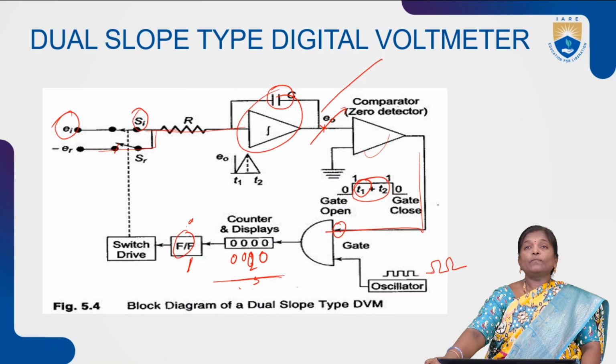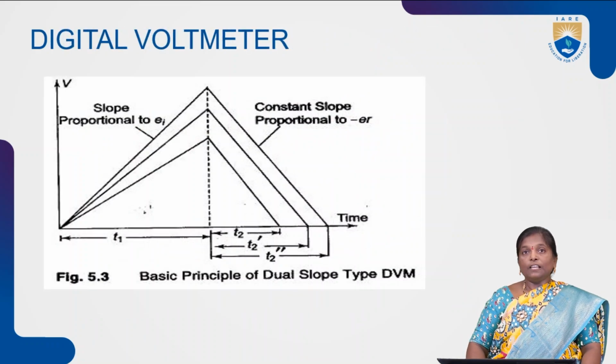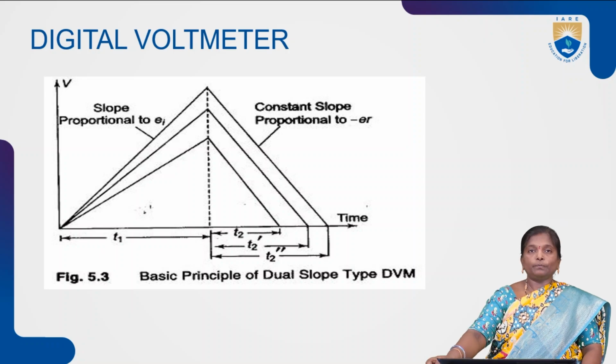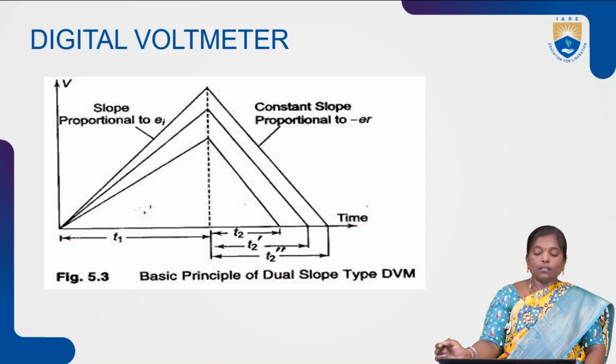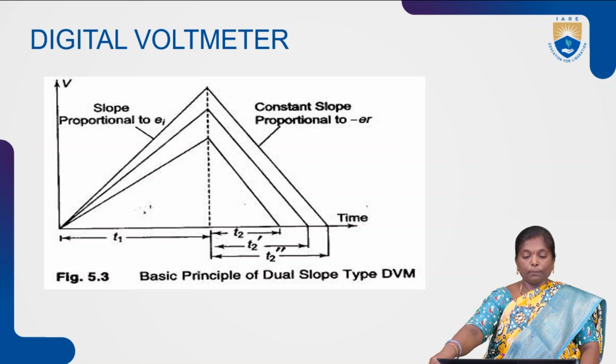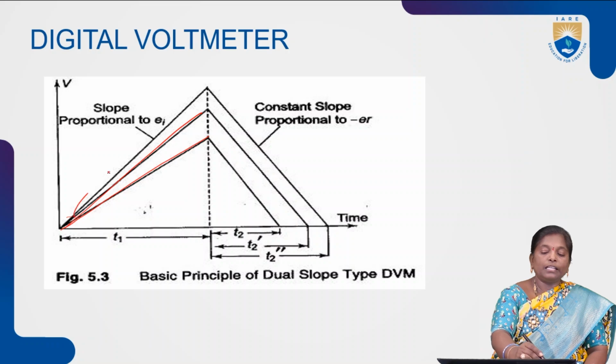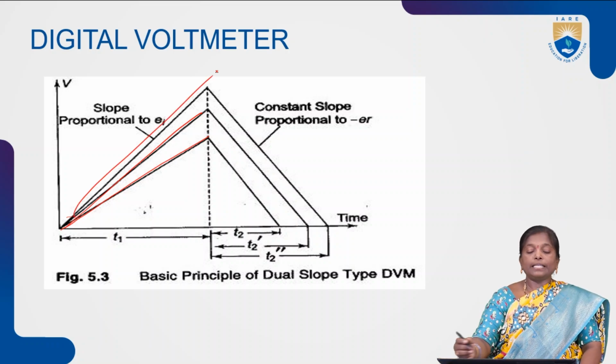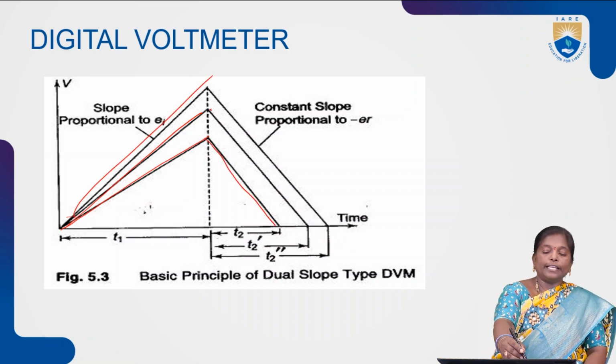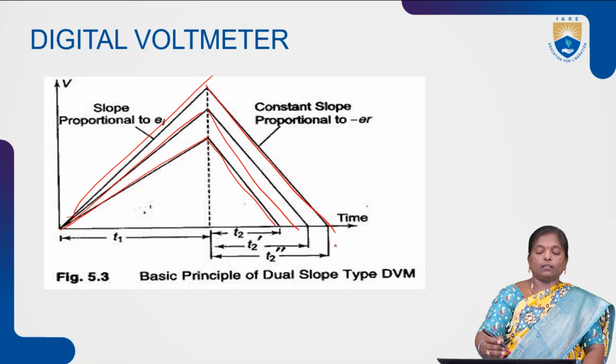This is called the dual slope integrating type of digital voltmeter. If you observe the output waveform, if you apply a positive input voltage, we have a positive going ramp. Similarly, if the input voltage is minus VR, then we have a negative going ramp signal.